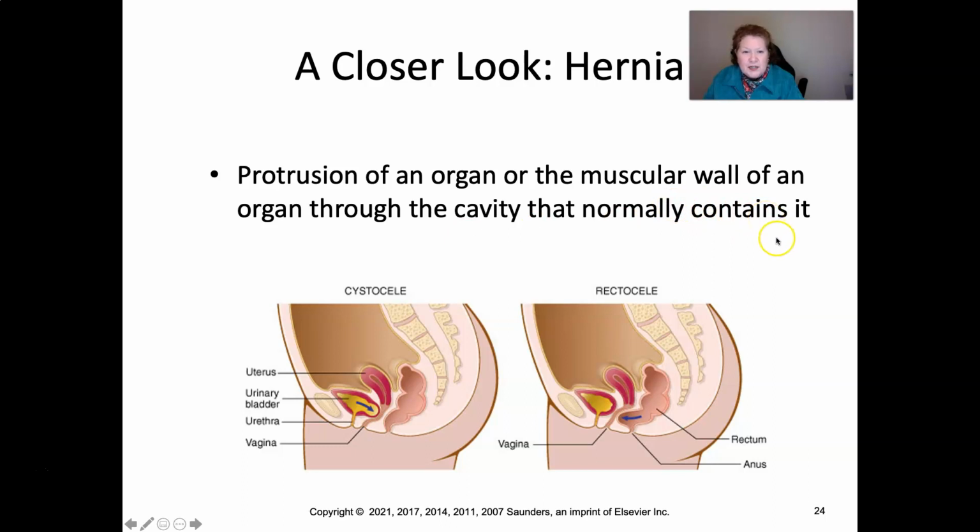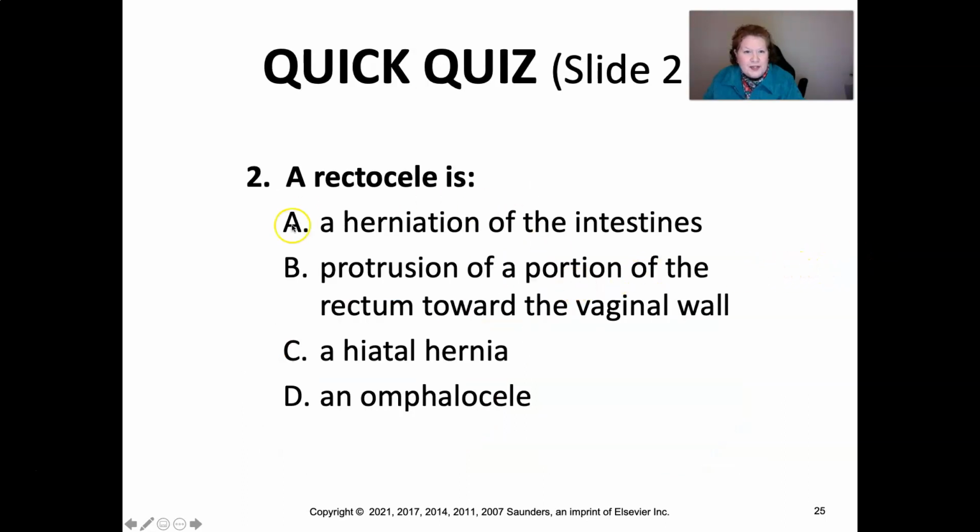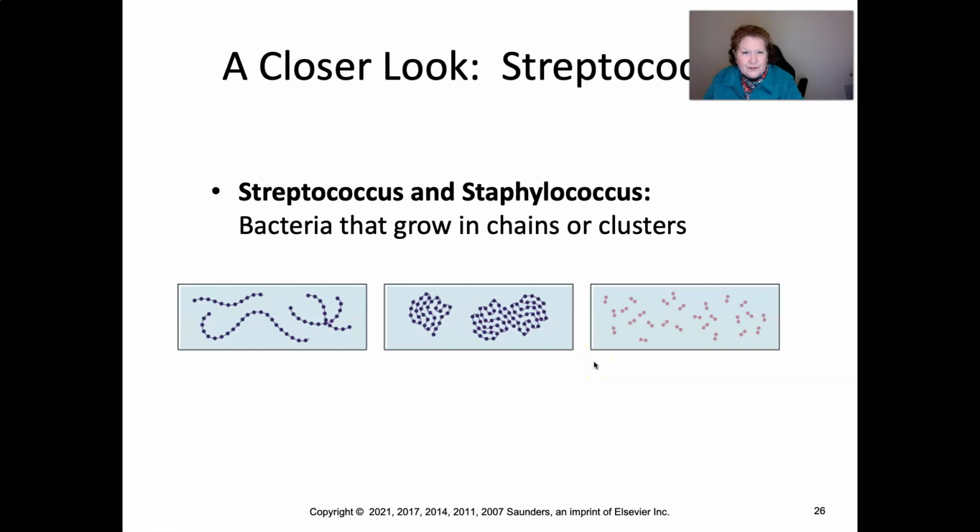This just gives you an example of two types of female reproductive system hernias that occur, a cystocele and a rectocele. And so it's going to ask you, what is it? Now, Streptococcus and Staphylococcus, bacteria that grow in chains or clusters.